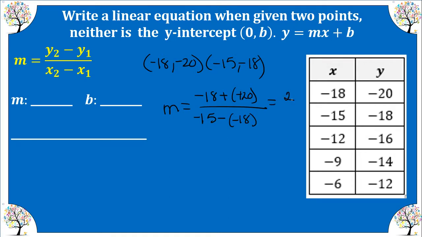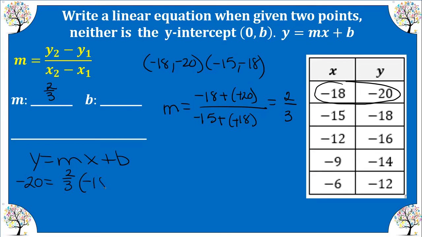I get positive 2 over 3. So my slope is 2 over 3. I'm going to pick any point. I'm just going to pick this top point to be my x and y. So again, we have y equals mx plus b. The y value is -20. My m value is 2 over 3. My x value is -18 plus b.